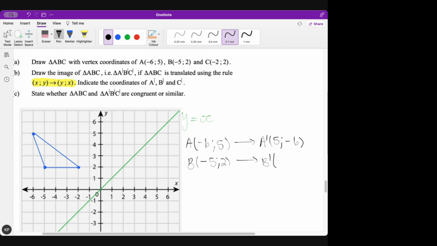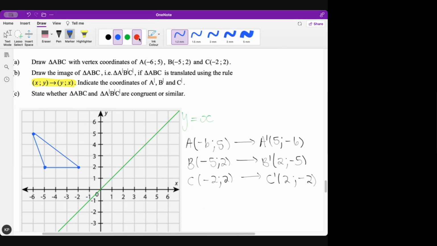Remember, no sign changes, right? Yes, at 2 and negative 5. And point C is at negative 2 and 2. Where are we moving it to? 2 and negative 2. Oh, there's so many 2's that I'm saying. I'm starting to confuse myself. Where are we moving it to? 2 and negative 2.